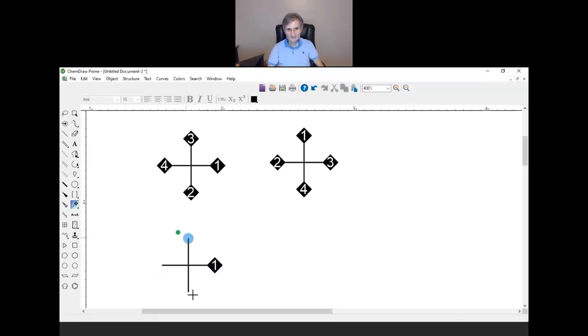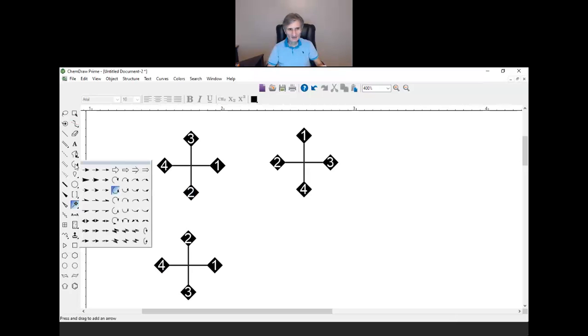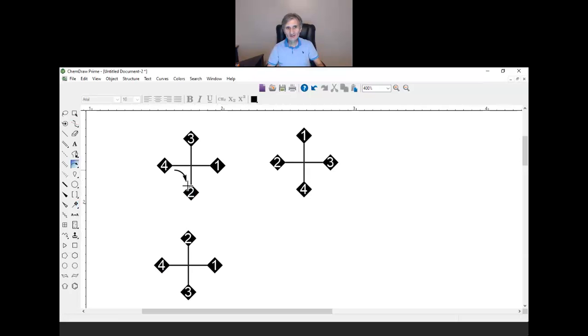So simply write bonds in the form of a cross for each individual chirality center, and write down priorities 1, 2, 3, 4, and then do the allowed manipulations.